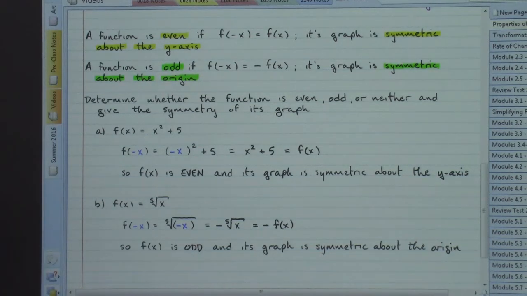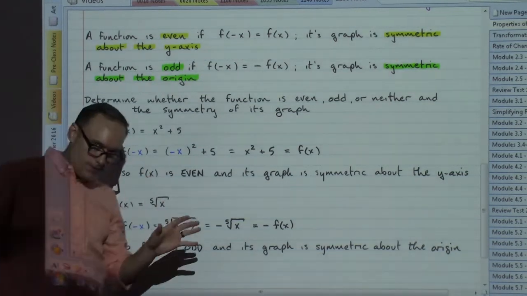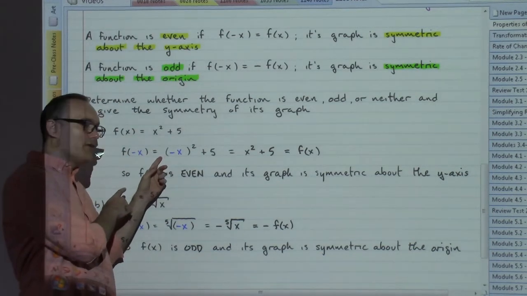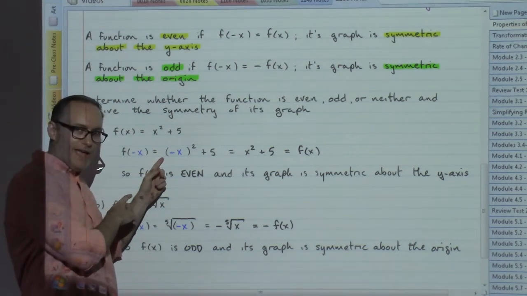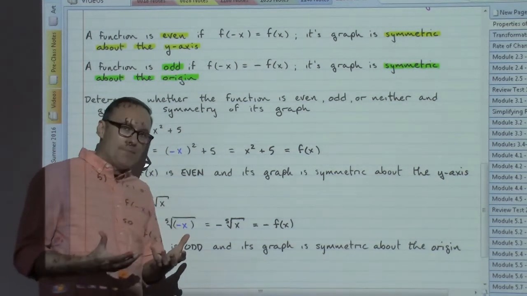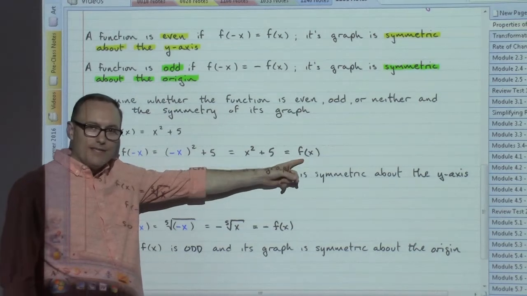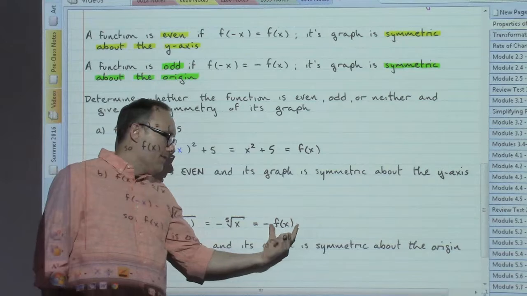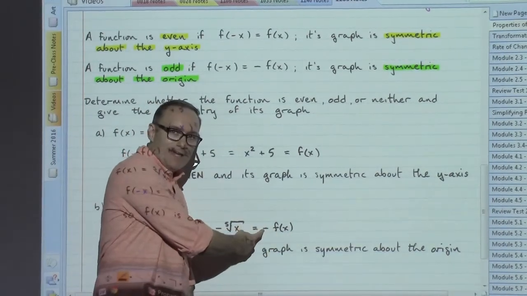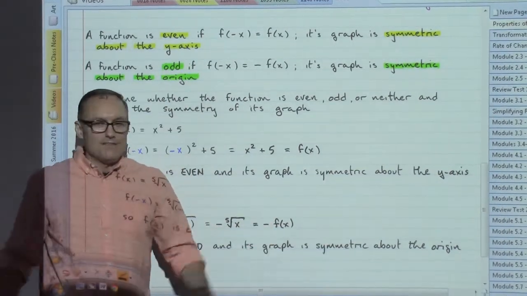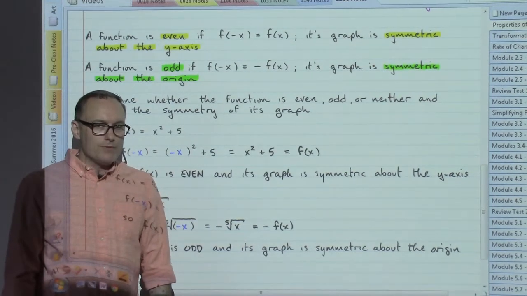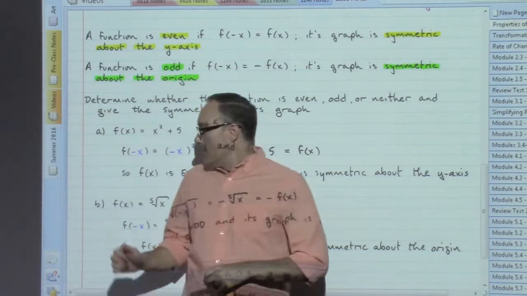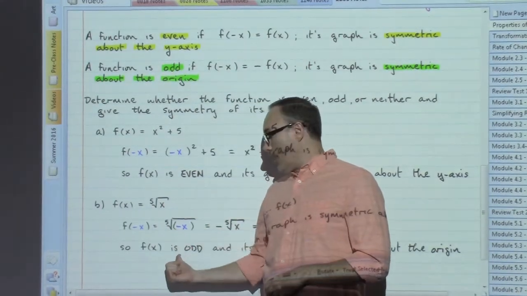And so, just to make sure, in case it's not obvious, if we try to take our function and plug in the negative x, and what happens is we're not getting the original function, and not getting the original function with a negative out in front of it, if it's anything else other than those two outcomes, then we would say the function is neither even nor odd.